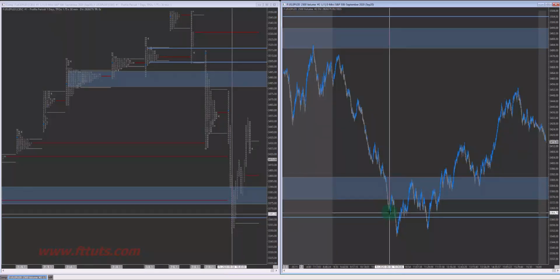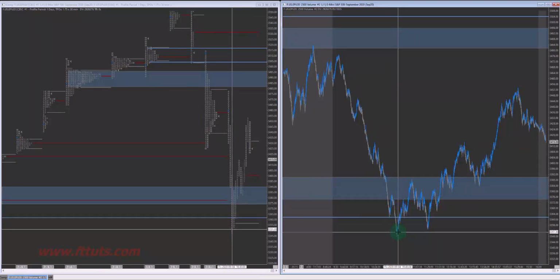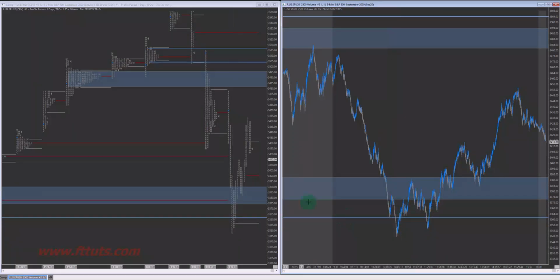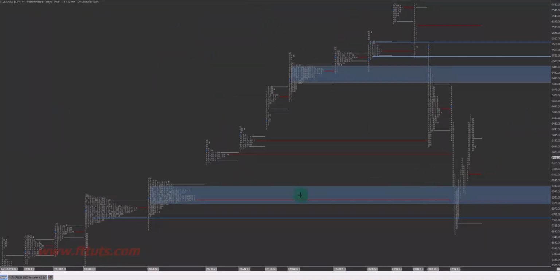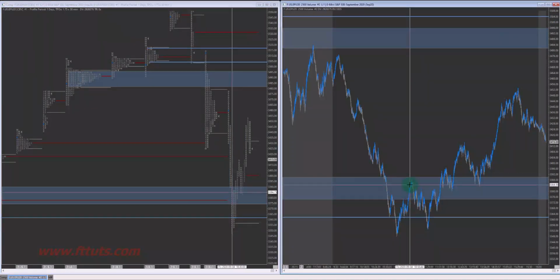But then it breaks and gives the pullback of that CVA. Heads down. Ultimately can't stay below the lowest edge of any recent balance, which would be here. And that's where we find low of day. And ultimately we stabilize.